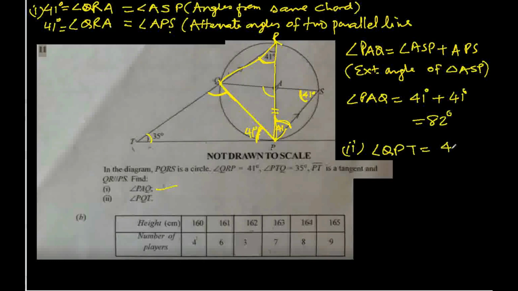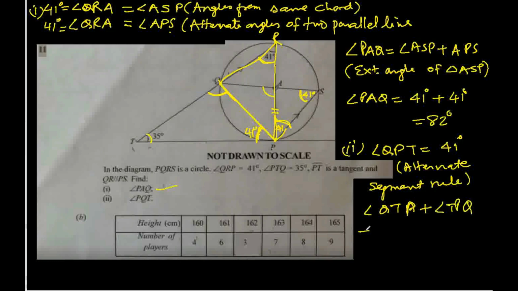So we can write angle QPT is equal to 41 degrees, by the alternate segment rule. And now we can write that angle QTP plus angle TPQ plus angle PQT equal to 180 degrees, and the reason is they are angles of a triangle, so their sum will be 180 degrees.